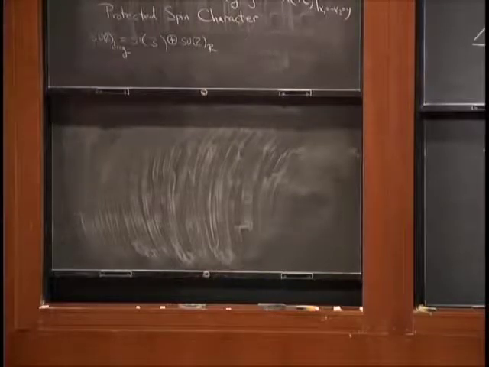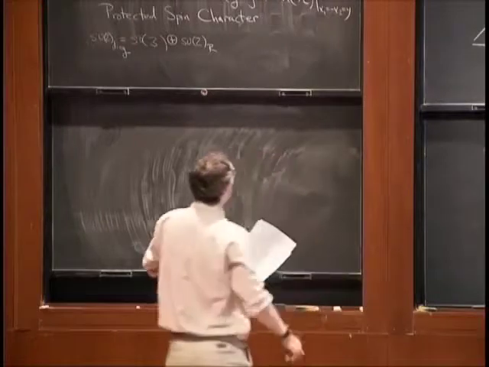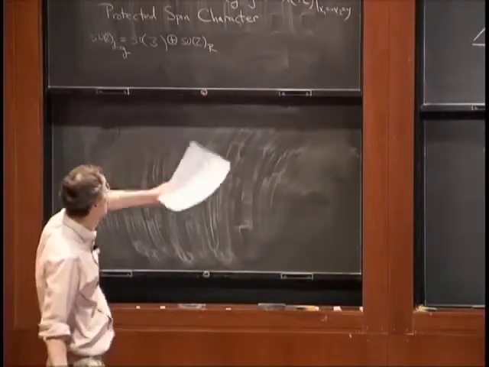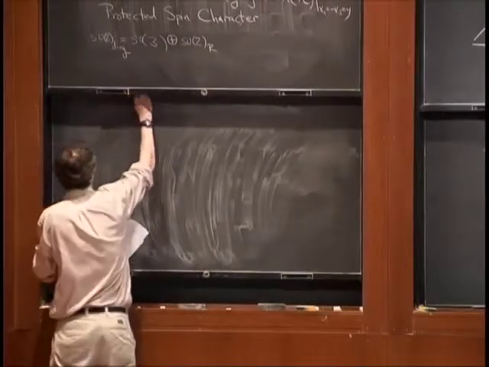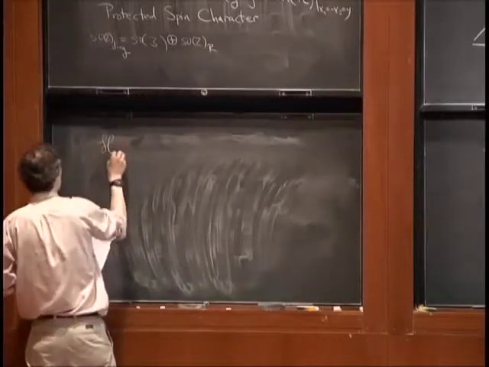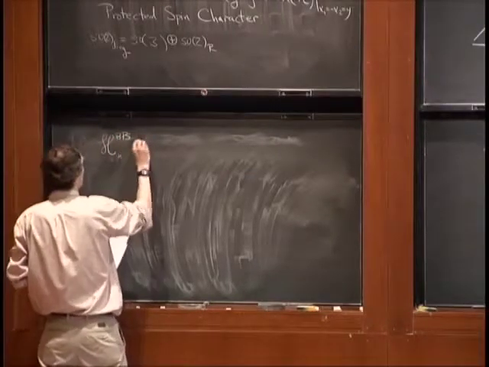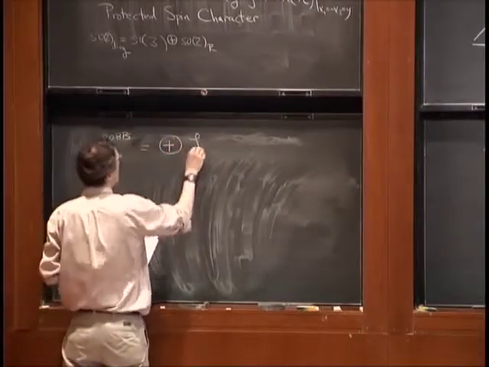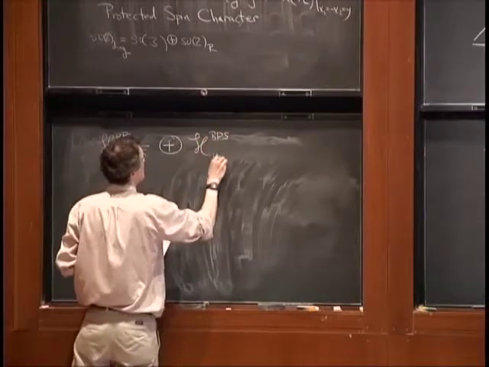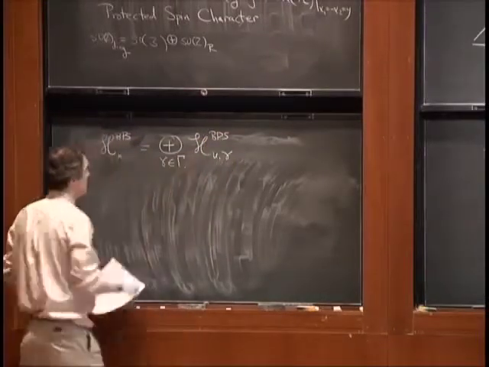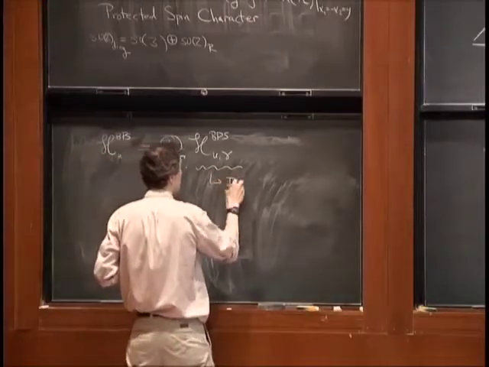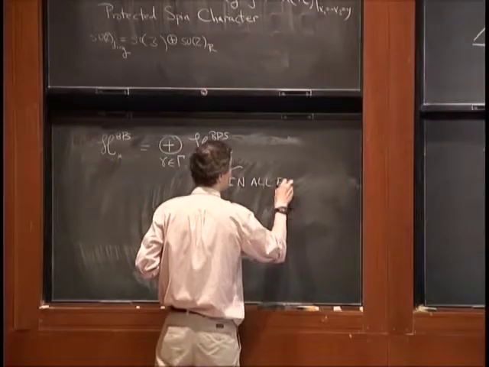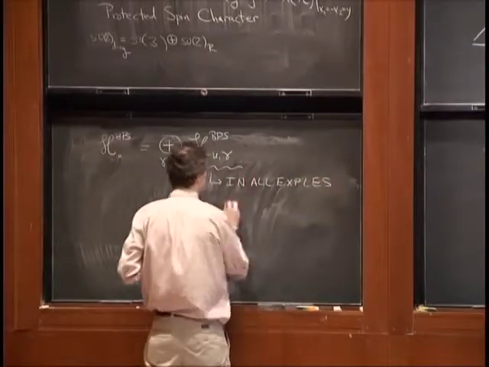Okay, now, we talked about the grading by the characters of the global gauge group, or by the electromagnetic charge lattice, if you like. And so we can apply that grading, in particular, to the BPS subspace. So that's graded by the charge lattice. And again, I don't know a fundamental reason for this, but in all examples, this is finite dimensional.